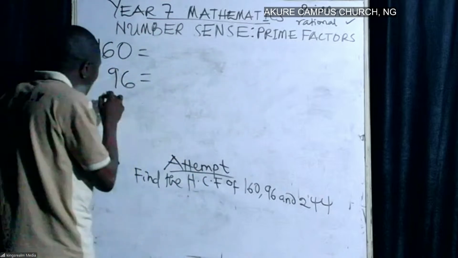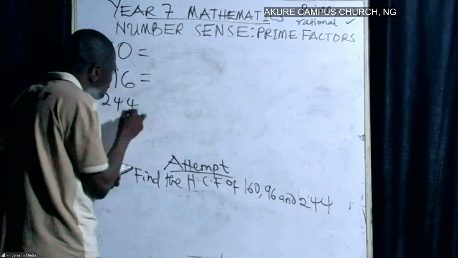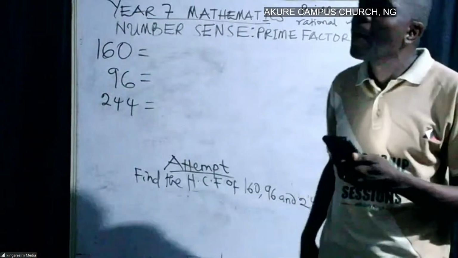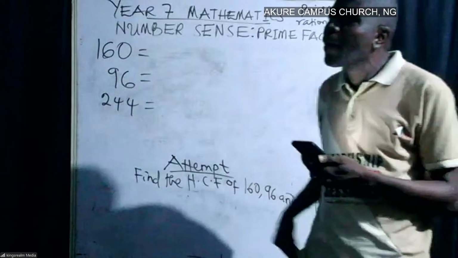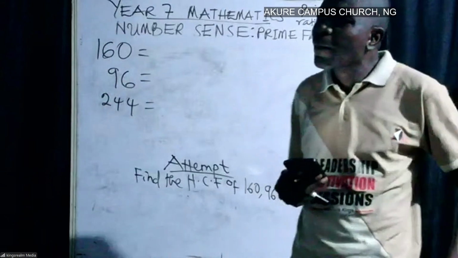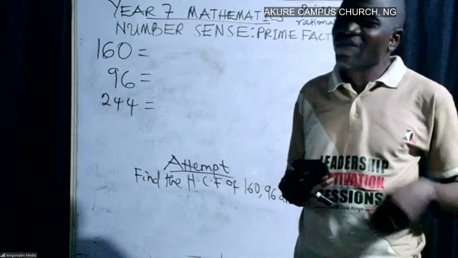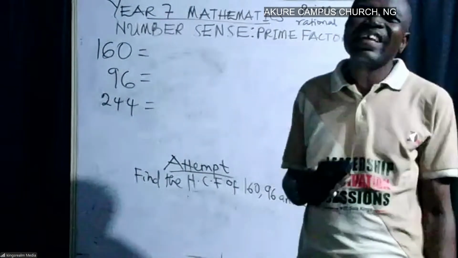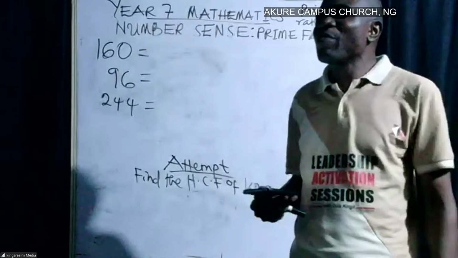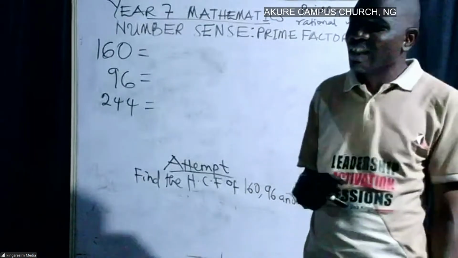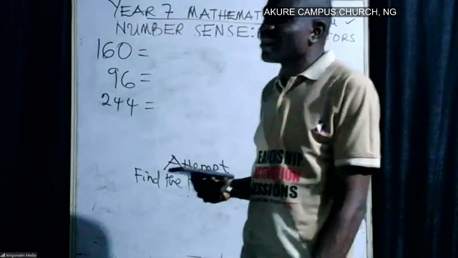I'm doing the 244, and I'm dividing it by 2, and it's 122. And then when I divide that by 2, it's 61, and I don't know the factor for 61. 61 will be a prime number then. So 61, 61, 1. And I'm done.